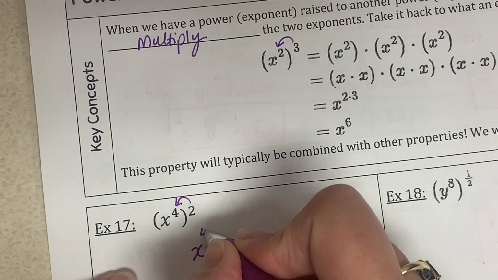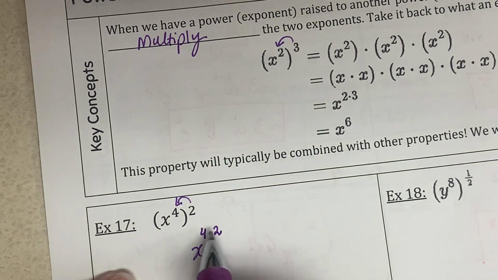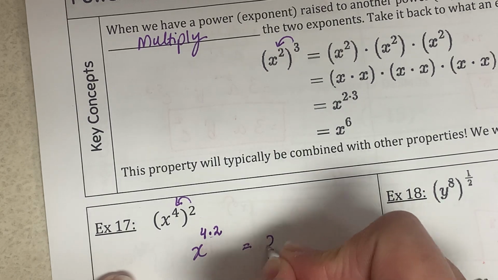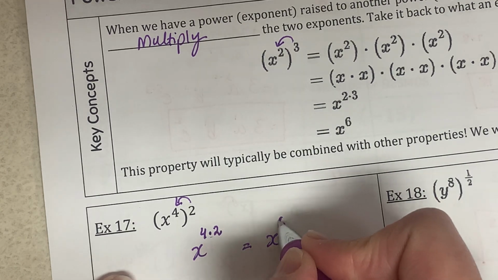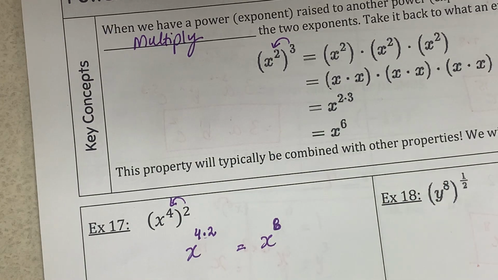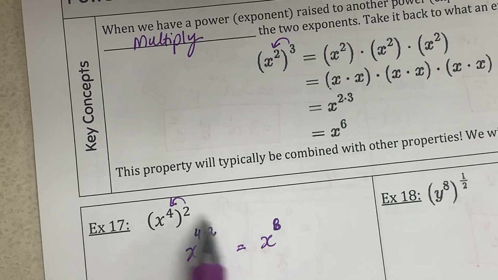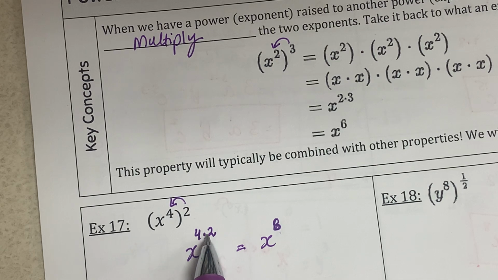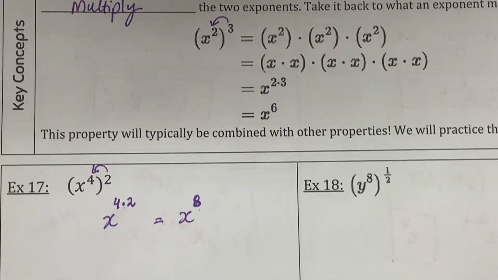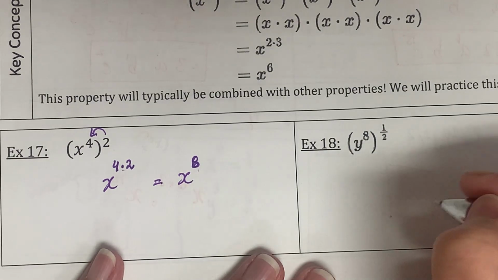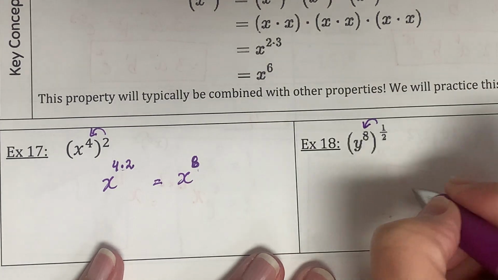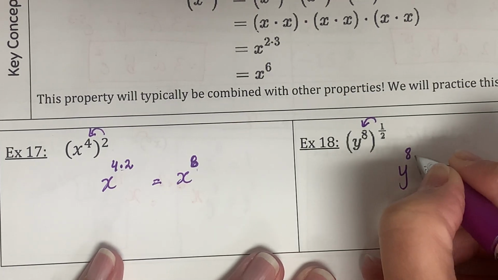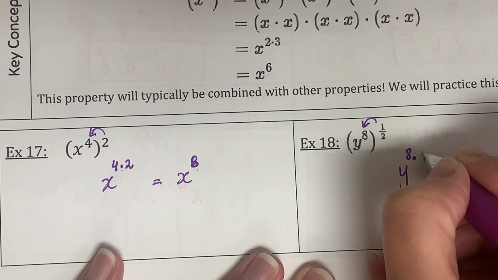X 4 multiplied by 2, and write it like this. This is x to the power of 4 times 2 is 8. So I first wrote 6, I was going to make a mistake. But then it's 2 times 4, and I saw 4 times 2, it's 8. This is the same way, power of a power, so I'm going to multiply. It should be 8 multiplied by 1/2, or 0.5.